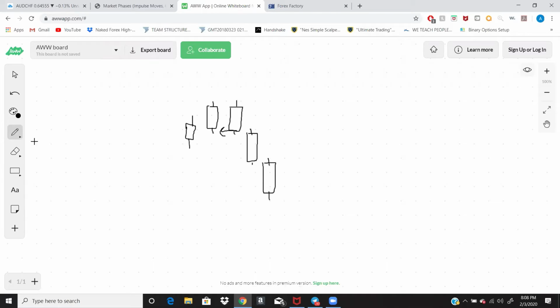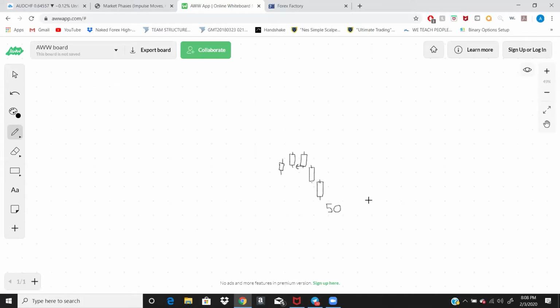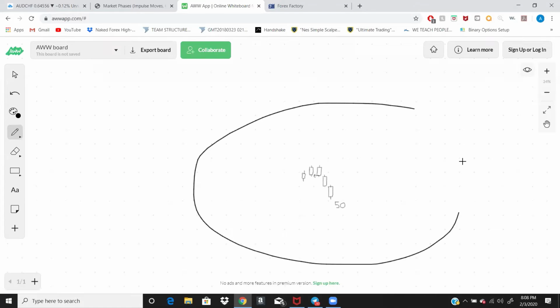So let's say I'm in a drawdown of 50 pips right now. 50 pips, right? And for me, this doesn't mean anything, because I look at the whole structure, I look at what is going on. Maybe there was a news event that caused this stronger pullback. That still doesn't invalidate the trade, right?